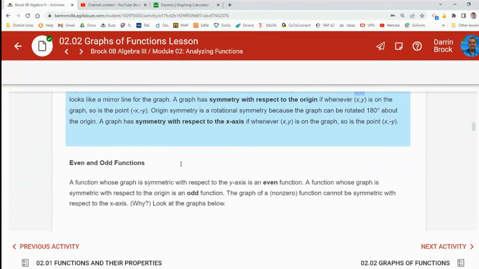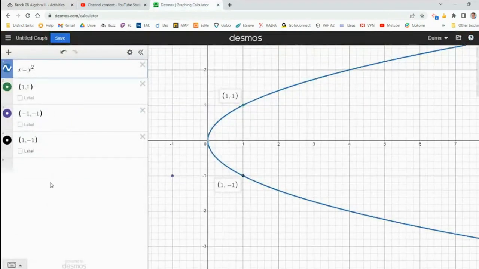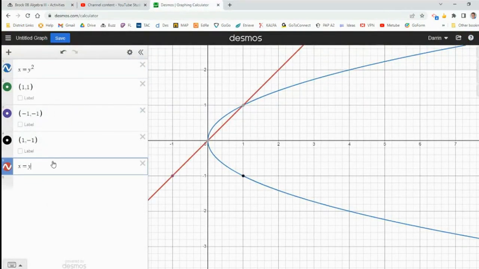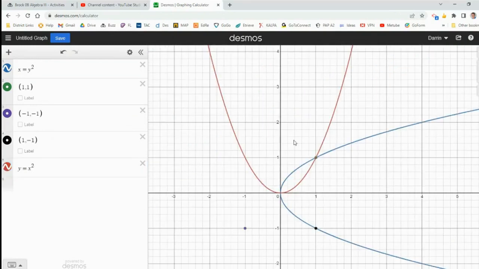So let's look at even or odd. A function whose graph is symmetric to the y-axis is an even function. We call it an even function. So back when we have y equals x squared, this red one, that is an even function.